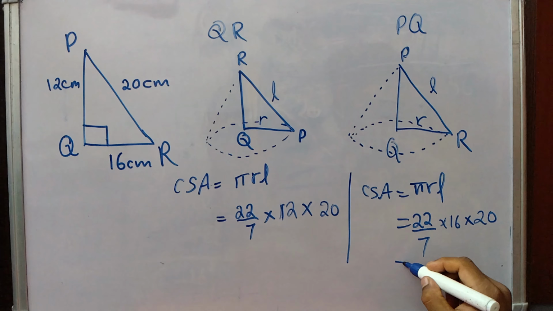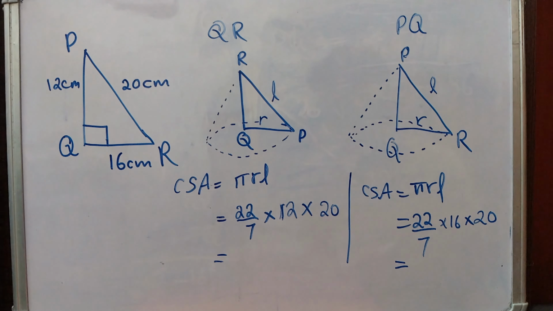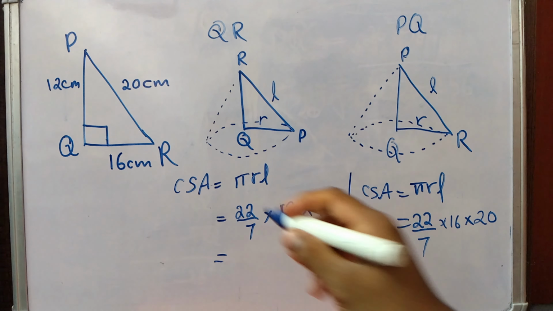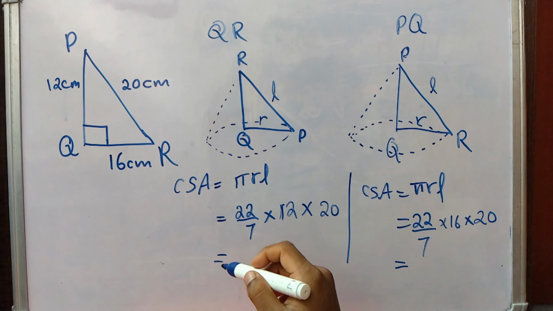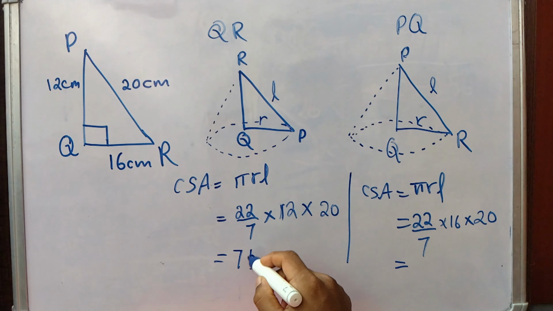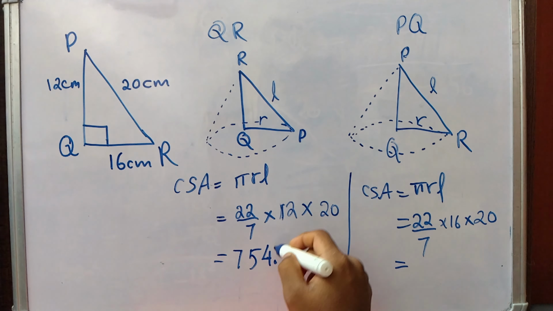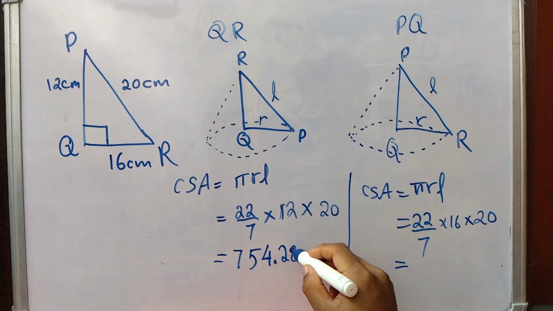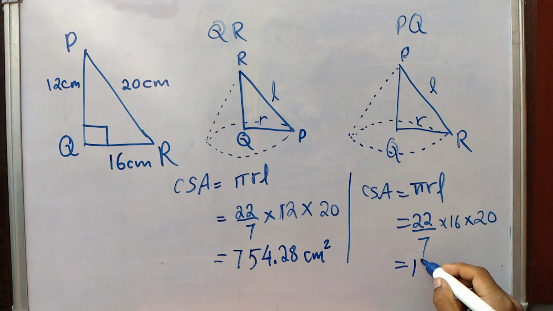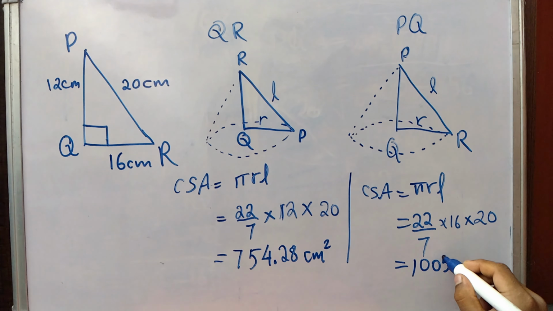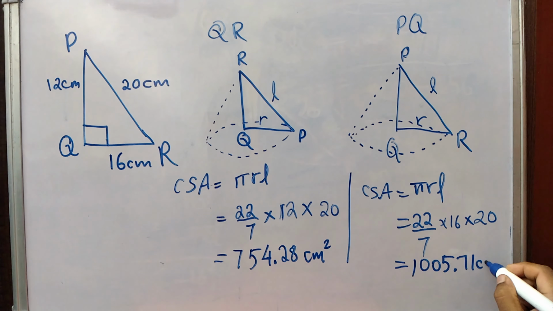Now on simplification, we have the CSA of the cone formed by rotating the triangle about the QR axis to be 754.28 centimeter square, and for this it is 1005.71 centimeter square.